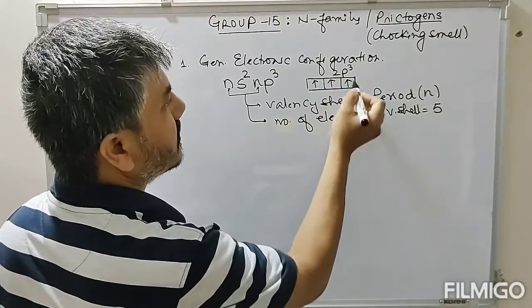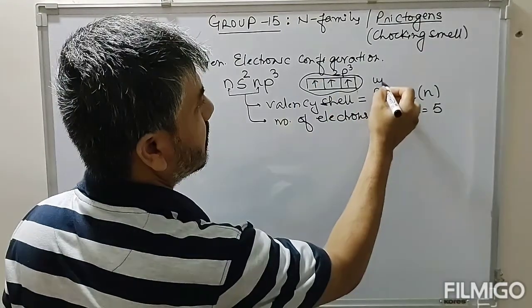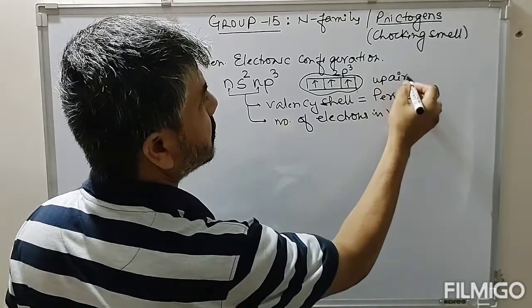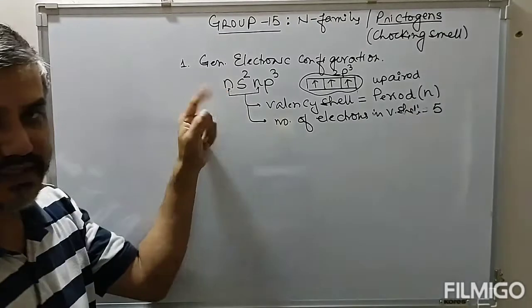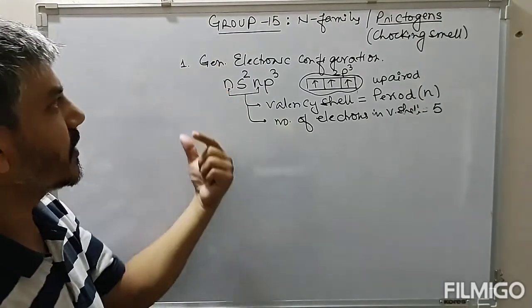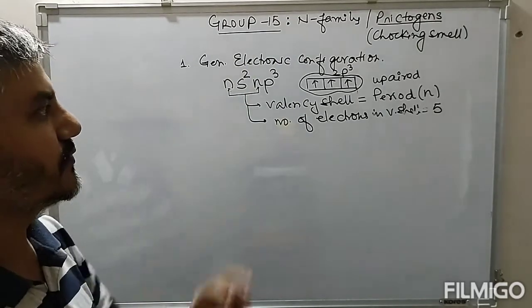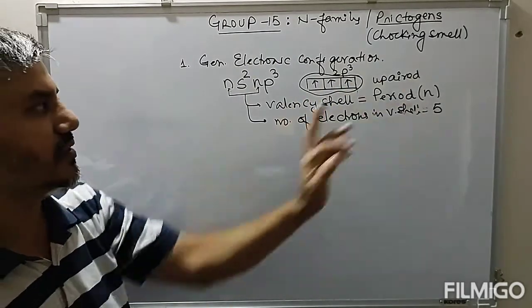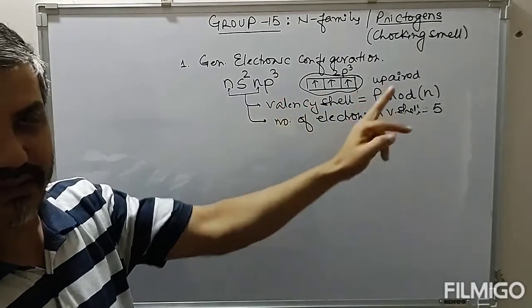And these 3 electrons are unpaired electrons, whereas these 2 electrons in s orbital are completely paired. So when we write the electronic configuration of the nitrogen family, in the ground state they have 3 unpaired electrons, and these 3 unpaired electrons are occupying the p orbital.